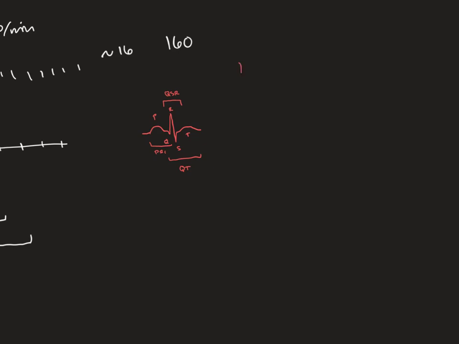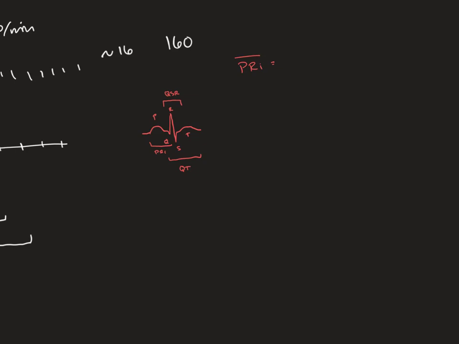So let's write it out. Our PRI, our PR interval, as it's denoted, so it's either a PR or a PR with a line over it, or the PRI is the PR interval.